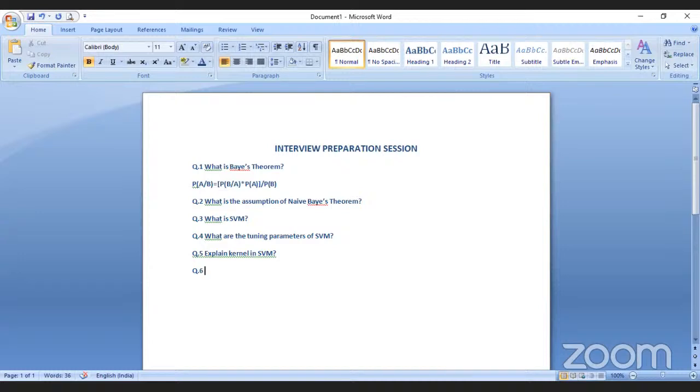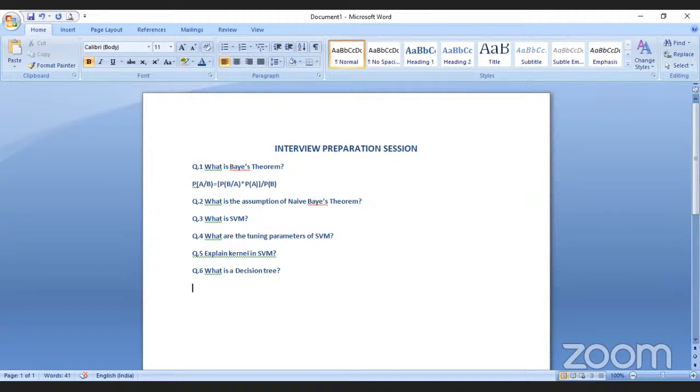Then, what is a decision tree? Decision tree is a supervised machine learning algorithm. We have 3 types of learning in machine learning: supervised, unsupervised, and reinforcement learning. A decision tree is used for classification and regression analysis.